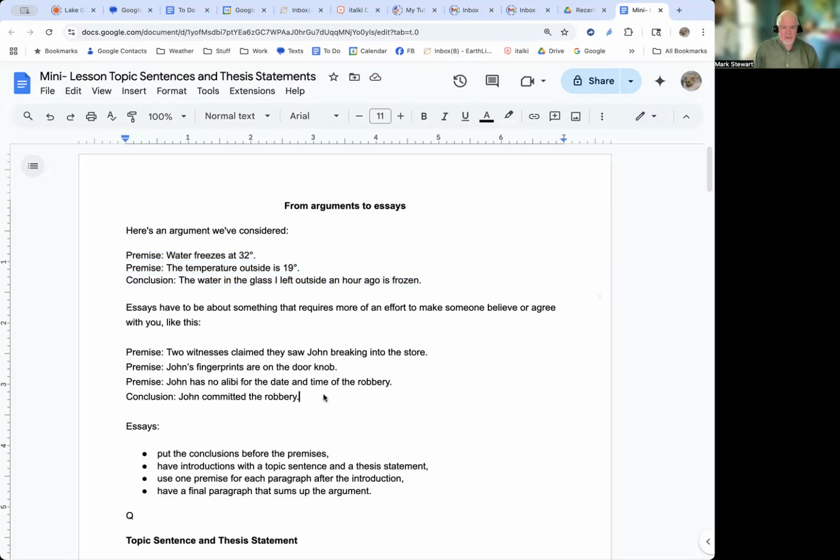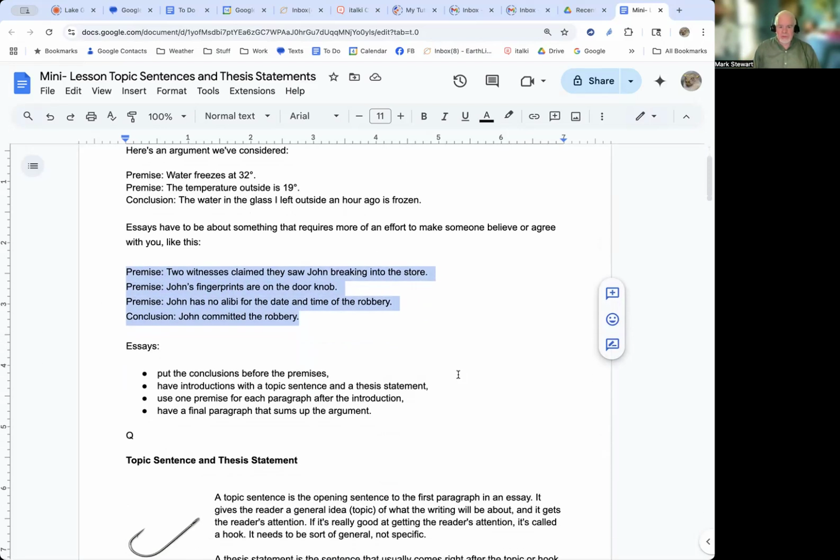Essays have to be about something that people might disagree with you about. And so your job is to convince them. That's the whole point of a persuasive, or well, let's just say for now, a persuasive essay. So it's more like inductive arguments. And you may remember that we were talking about an inductive argument that would be sort of like a criminal trial, right?